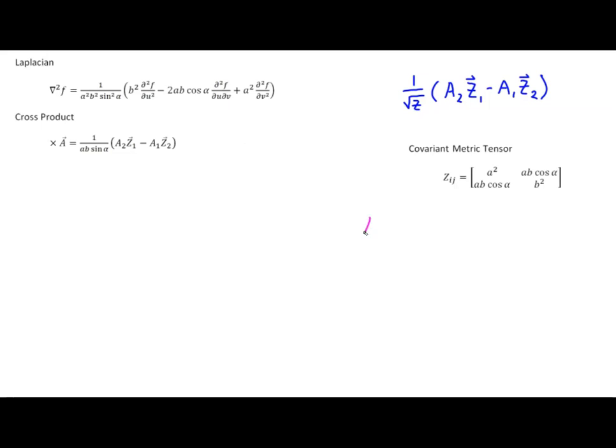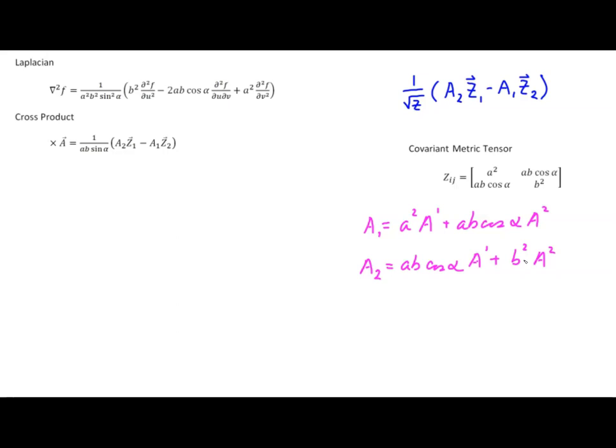So we'd have a1 being equal to z11, which is a squared, times a1 with an upper index, plus z12, which is ab cosine alpha, times a2 in the upper position, and then a2 with a lower index is equal to z21, that's ab cosine alpha, times a1 in the upper position, plus z22, which is b squared, times a2 in the upper position.